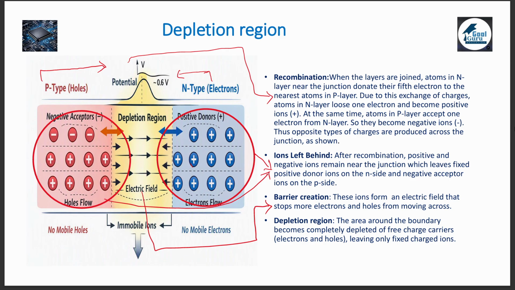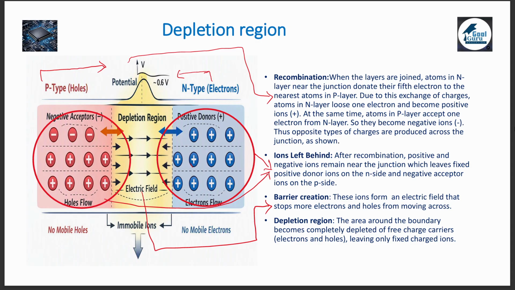Let us talk of depletion region in detail. When p and n layers are joined, the atoms in the n layer near the junction donate their fifth electron to the nearest atoms in the p layer. Now, during this exchange of charges, atoms in the n layer lose one electron.